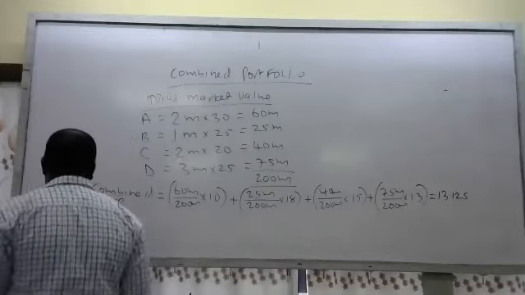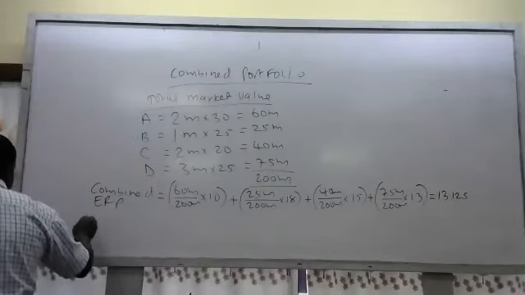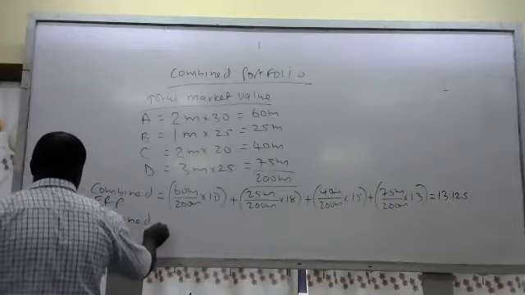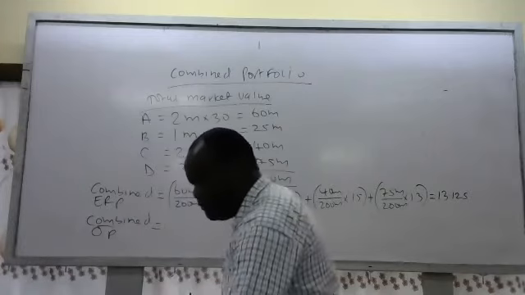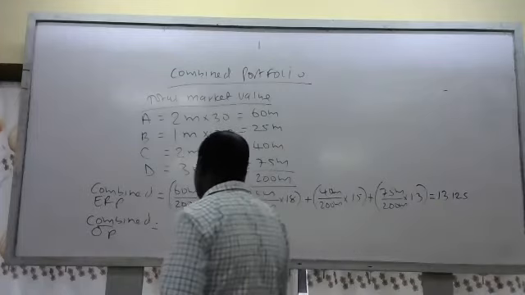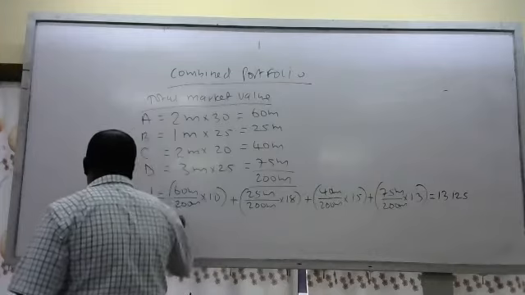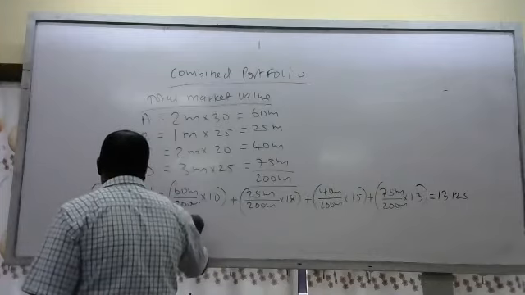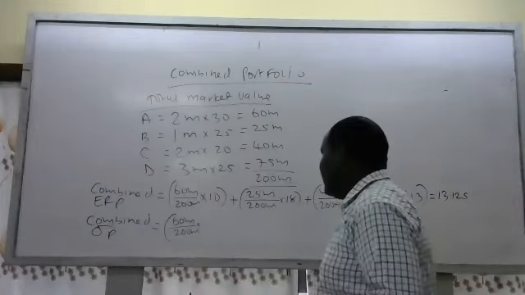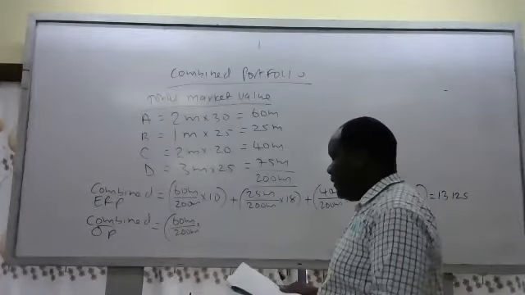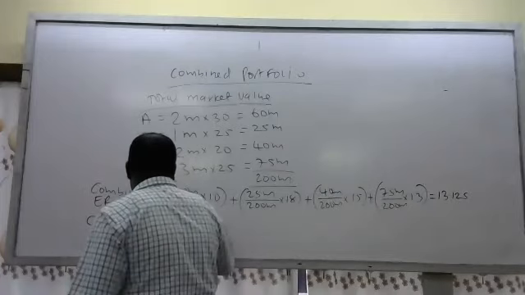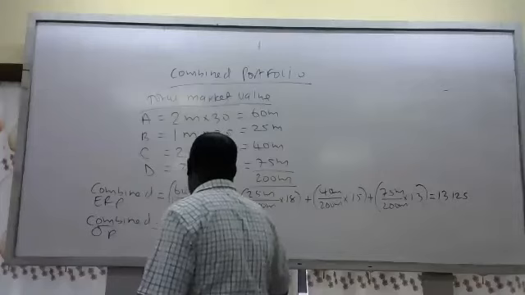We shall also be required to compute the combined standard deviation for the portfolio. To get it, it will be 60 million divided by 200 million, and we multiply by the standard deviation for A, which was 15.